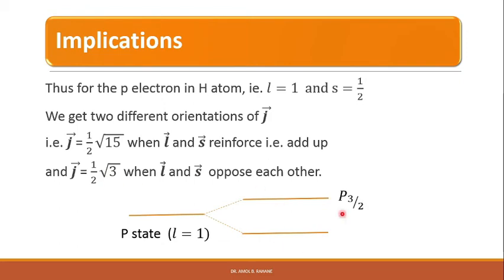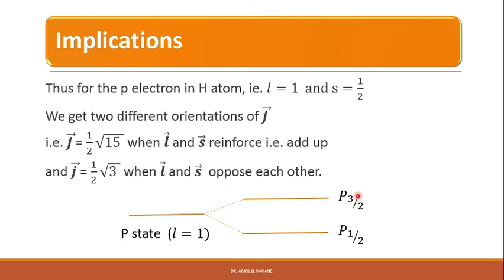Since L is equal to 1 for the p state for both the levels, they may be distinguished by writing the J quantum number values as the subscript to the state symbol P for the state of an individual electron. So we have written these two states P half and P 3 by 2 for our electron.